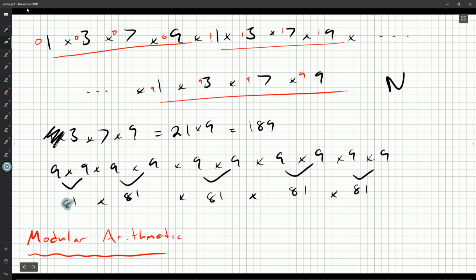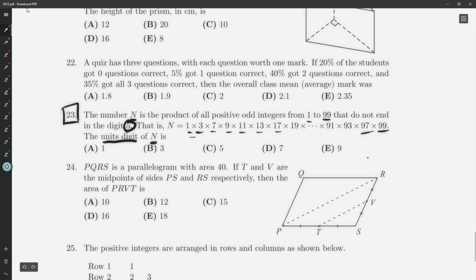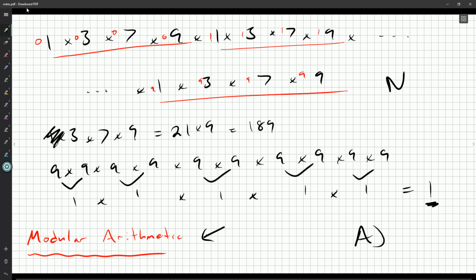But again, we just care about the units digit. So we're really doing 1 times 1 times 1 times 1 times 1. And that one, everyone can see ends in a 1. So we get this great simplification when we're just looking at units digits, which are really just remainders when you divide by 10. But we can see our answer must be A. The units digit of this big product that my calculator couldn't even hold, after a couple of simplifications, still must be A.